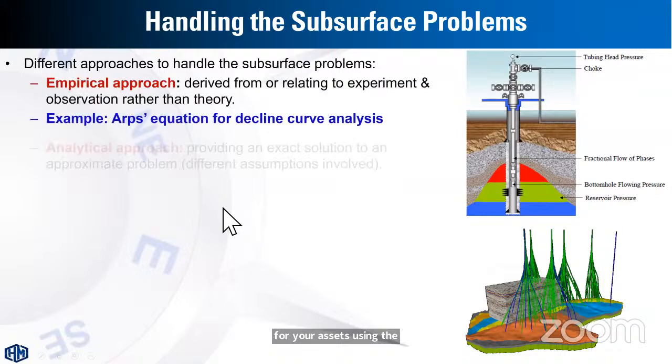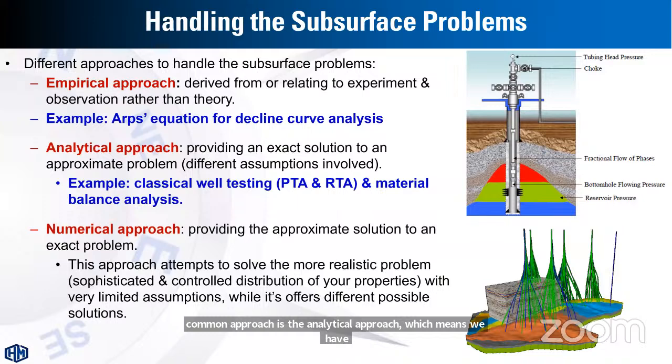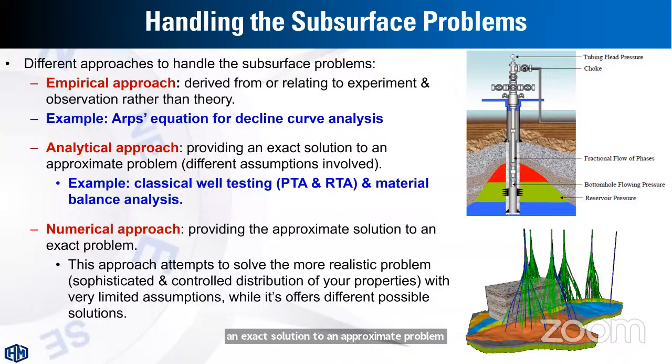So back to our three different techniques to highlight subsurface problems. We commonly use two approaches: the analytical approach, which means we have an exact solution to an approximate problem, which means we have some assumptions in this technique, like the material balance equation, diffusivity equation for pressure transient analysis, and so on.